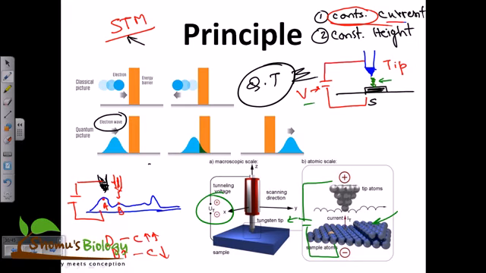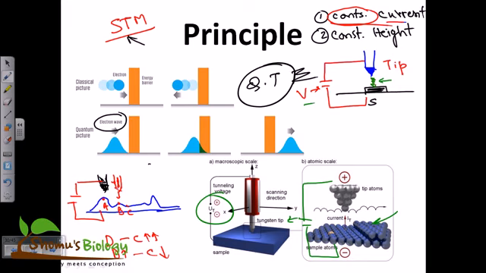Similarly, when it comes to point C, the distance becomes even more, so the tip should come much closer to again maintain that constant current. So to maintain the constant current throughout an uneven surface like this sample, the tip needs to come down sometimes and go up sometimes.